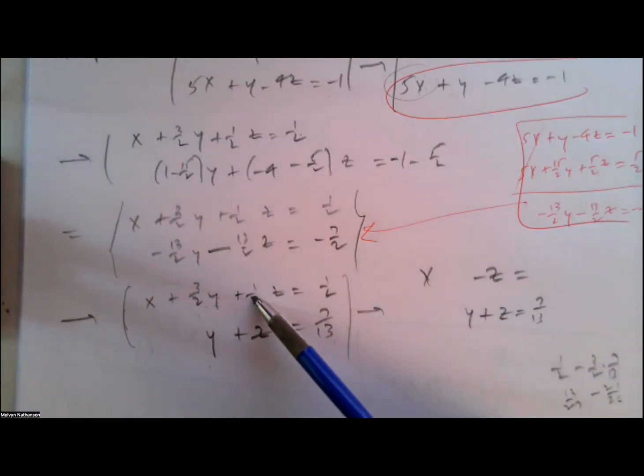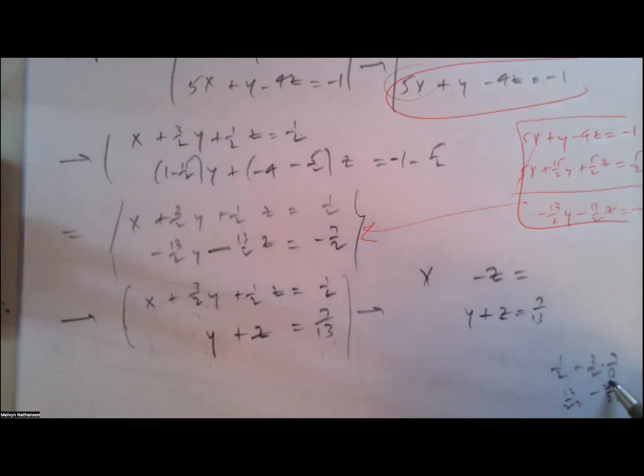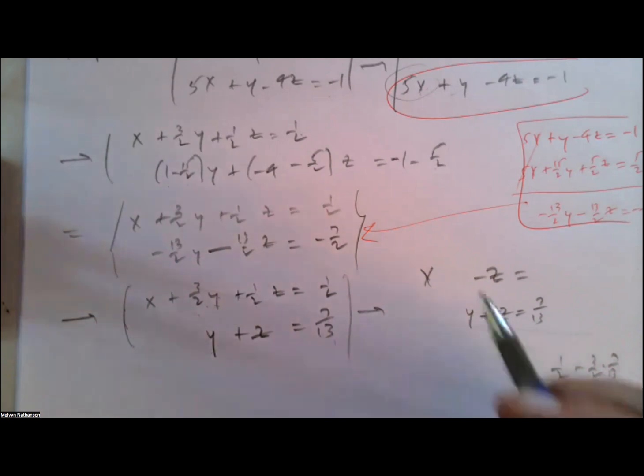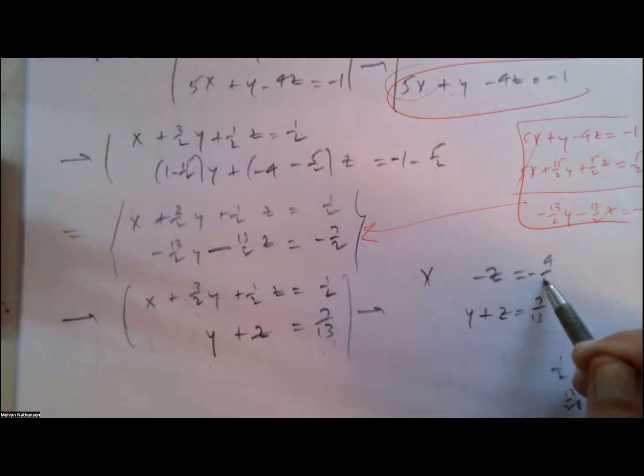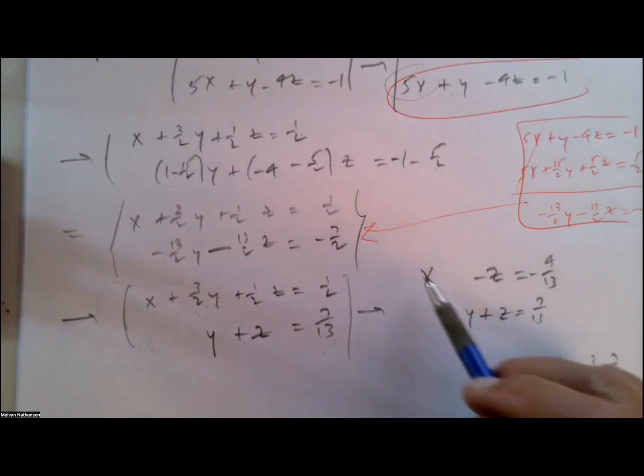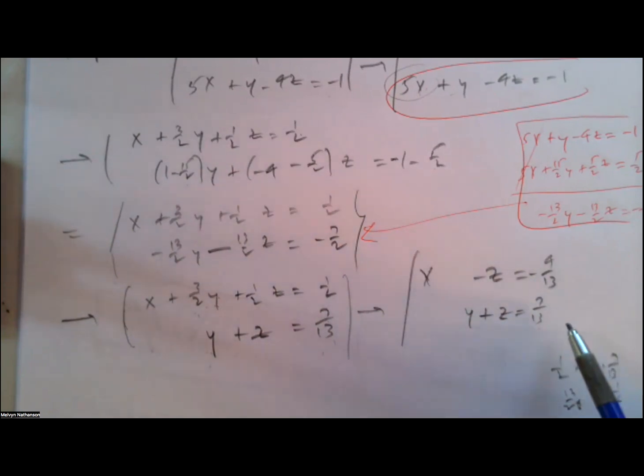Minus 3/2 plus 1/2 is minus 1. Minus 3/2 times 7/13 plus 1/2 is 13/26 minus 21/26, which is minus 8/26, which is minus 4/13. So I get this system of equations.